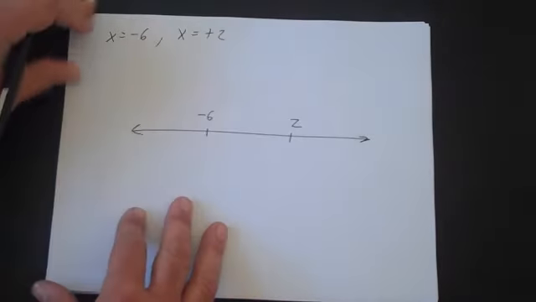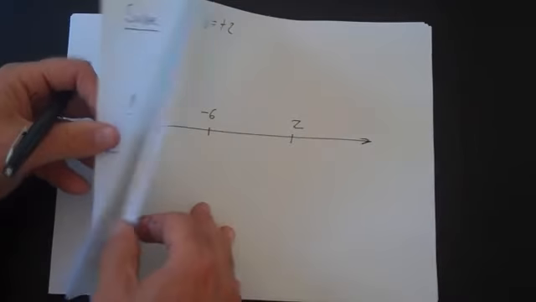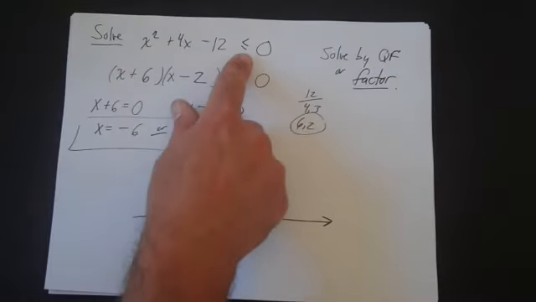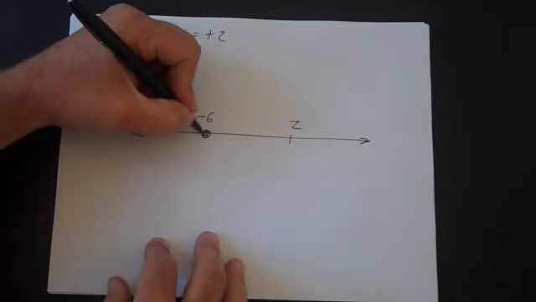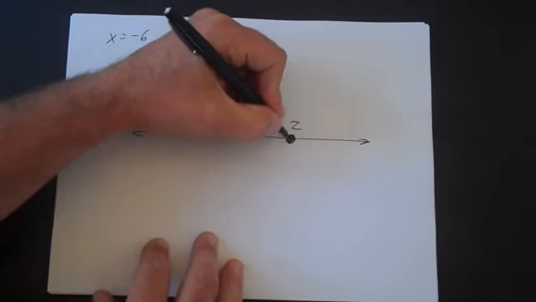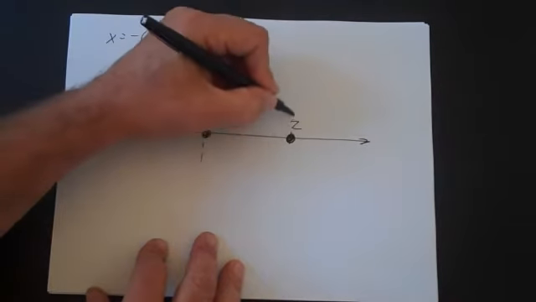You have to think about whether it can equal, that's going to be a closed dot or open dot here. Let's look at our problem. It's less than or equal to, so those are going to be closed dots. This will be a closed dot and a closed dot. And then it defines 3 regions. I'm going to draw a dotted line here and a dotted line here.